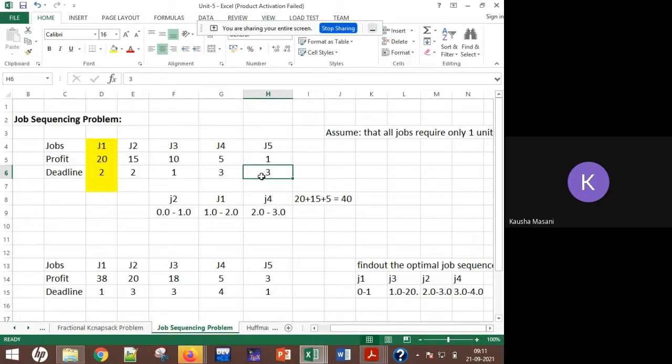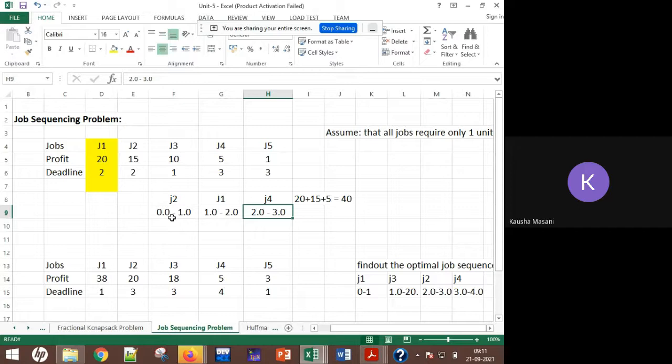You will divide this total of 3 units into 1 unit each, because of the assumption that all the jobs will do their work in 1 unit of time. So 0 to 1, 1 to 2, 2 to 3.